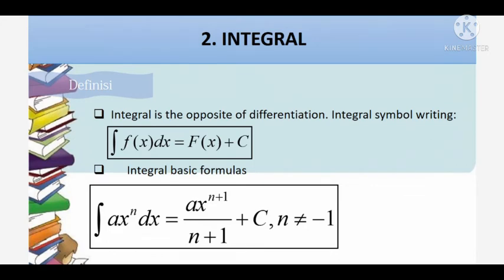The second is integral. The definition: integral is the opposite of differentiation. Integral symbol writing: integral f(x) dx equals F(x) plus c. Integral basic formulas: integral a x power n dx equals a x power n plus 1 over n plus 1 plus c, with n not equal to minus 1.